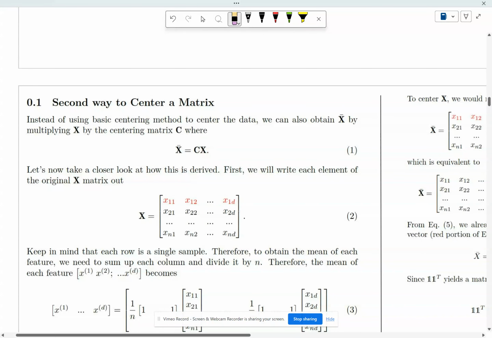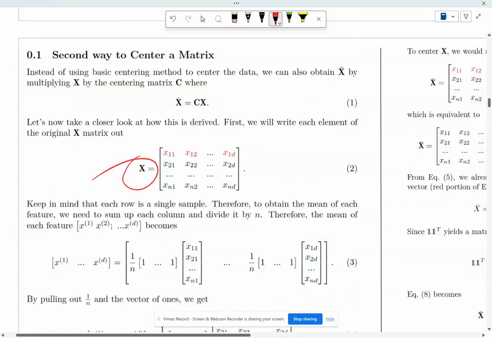So we're going to start by defining a matrix where each row is a sample. So this is a single row, and each column is a dimension. If this is the case, then when we want to do centering, how do we go about finding the center of each dimension?